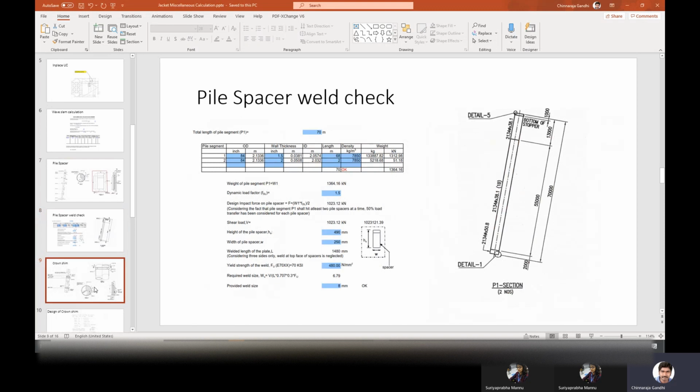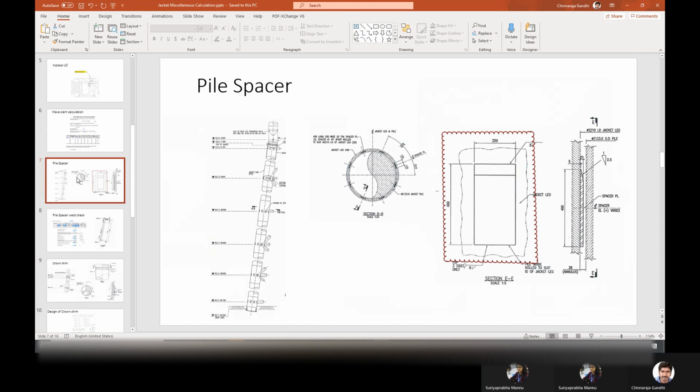Suppose this is a pile spacer, this is a pile spacer. There will be 1, 2, 3, 4, 5, 6, 7, 8. When there is an annulus gap here and a wave here, if you see, 1, 2, 3, 4. This is the center line of the tubular here. Definitely it will hit 4 for this one. When the wave is in this direction, your jacket will hit the 4 pile spacers here, but the other 4 pile spacers will not be active because the annulus gap is going to increase over here.